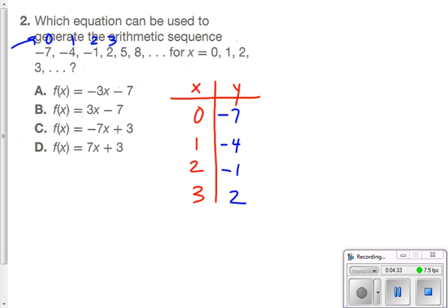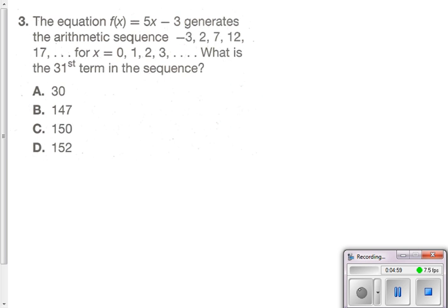Next, basically what you need to do is put this in for x, and this is what I should get for y. You need to determine what equation that would be, and that would be equation B. If I put in 0 for x, I get out negative 7 for y. If I put in 1 for x, I get out negative 4 for y.